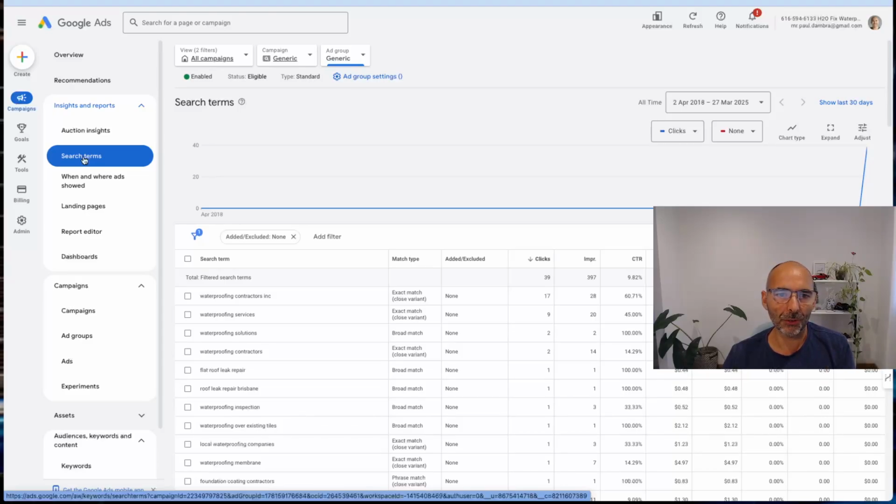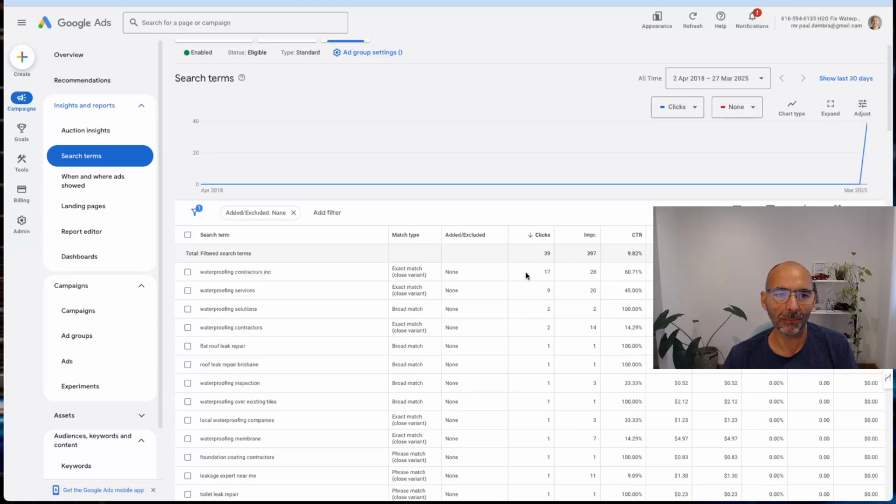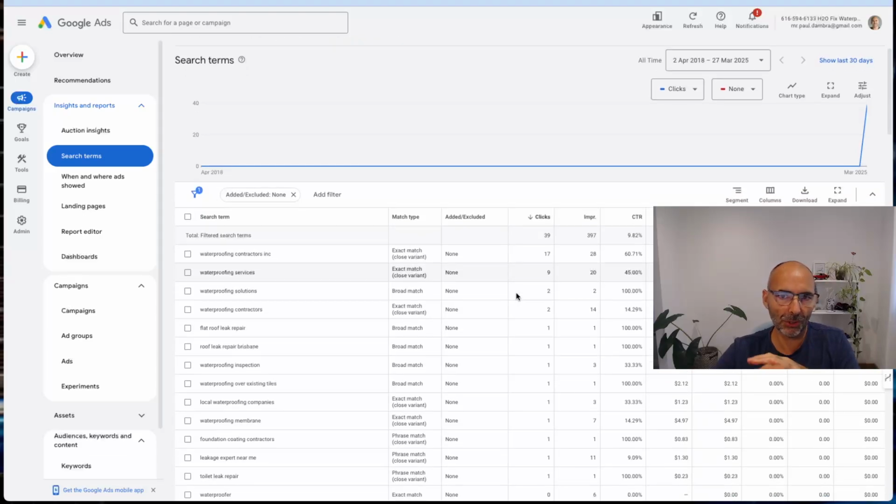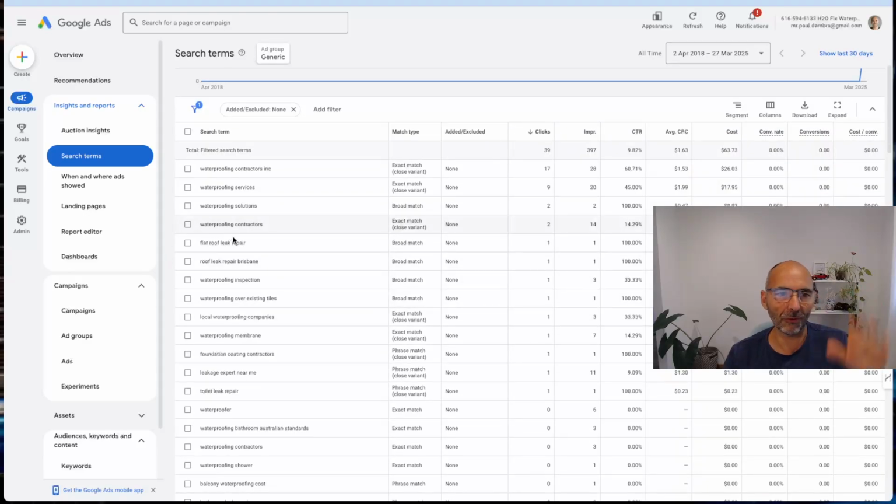So what this shows is what phrases Google showed ads to over a given time that were not the keywords that we had chosen. And the reason it's doing this is because broad match, so in other words, just generic phrases, was turned on. So all of a sudden, Google's now trying to find all the different phrases it thinks are related to those broad match terms.